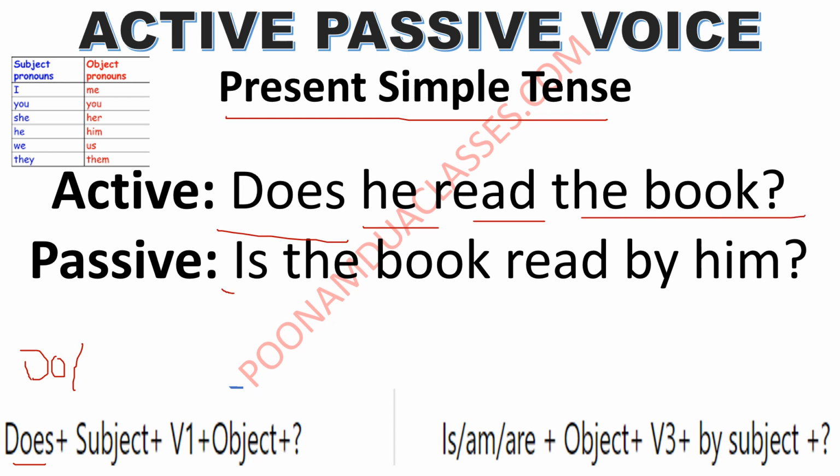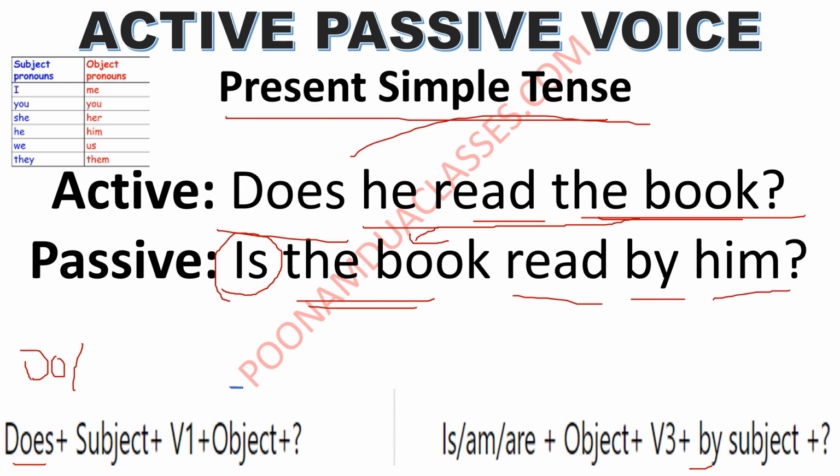And now it will start with is, am or are, whatever suits it. The object of the previous active sentence, the book, will become the subject here. Is the book read, and by, we always add by here, and this he will get converted into him as per this table.